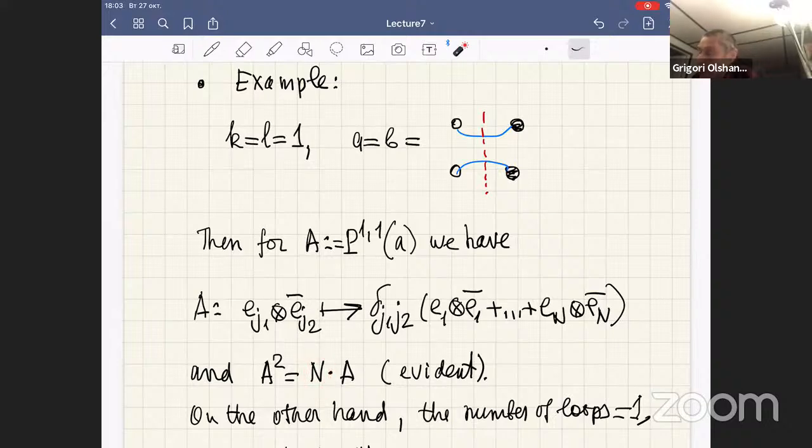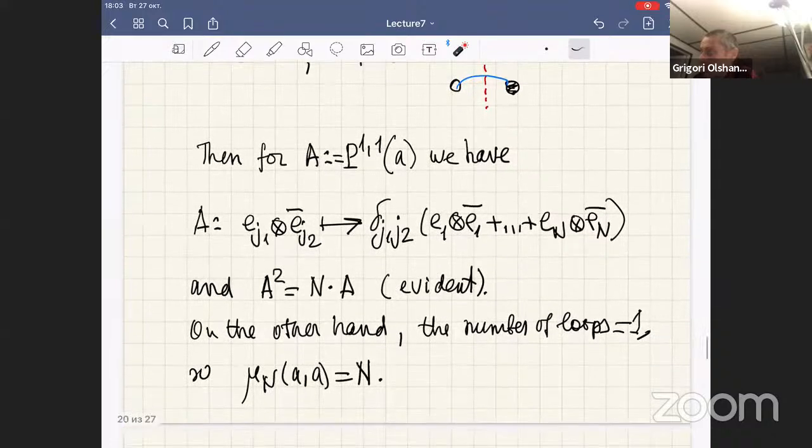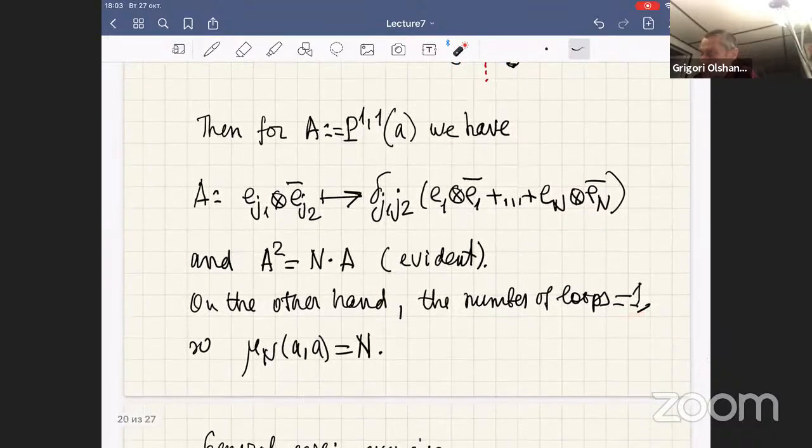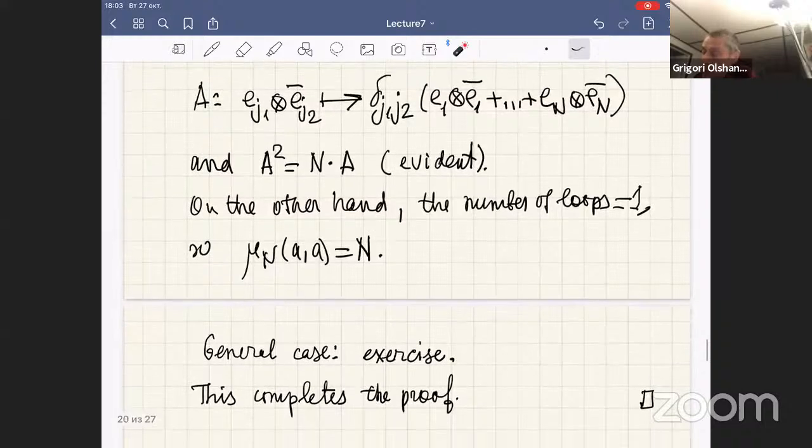And indeed, in this case, if you take the product, we get just this loop, one loop here, which corresponds to this simple factor n. The number of loops is equal to 1 in this case. So this is not a proof, just some indication.